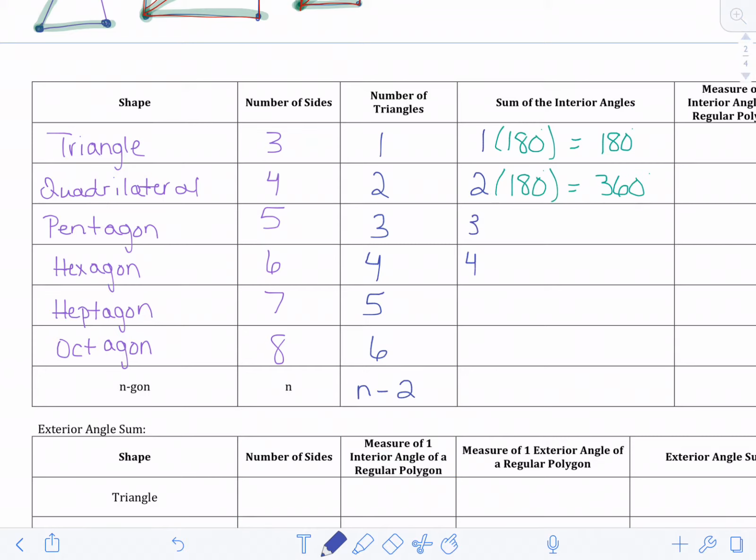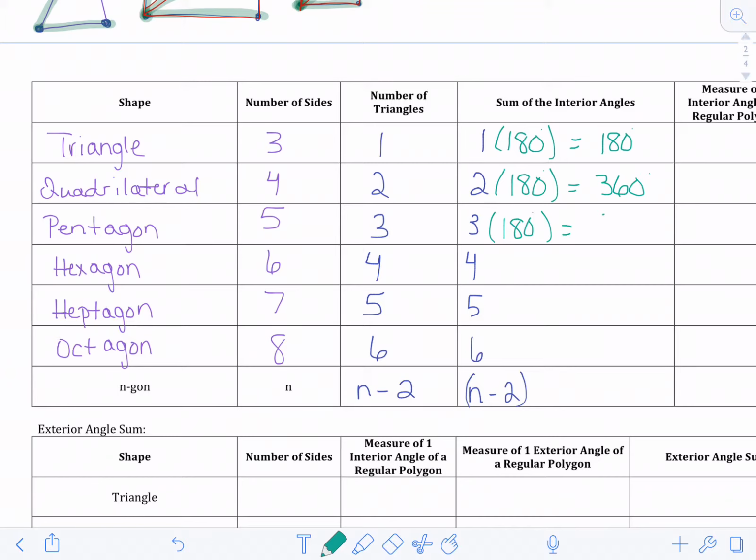So I don't waste time going back and forth in colors, I know how many triangles I have, and I know that in one triangle there's 180 degrees. So all I have to do is multiply it by how many triangles that figure has.